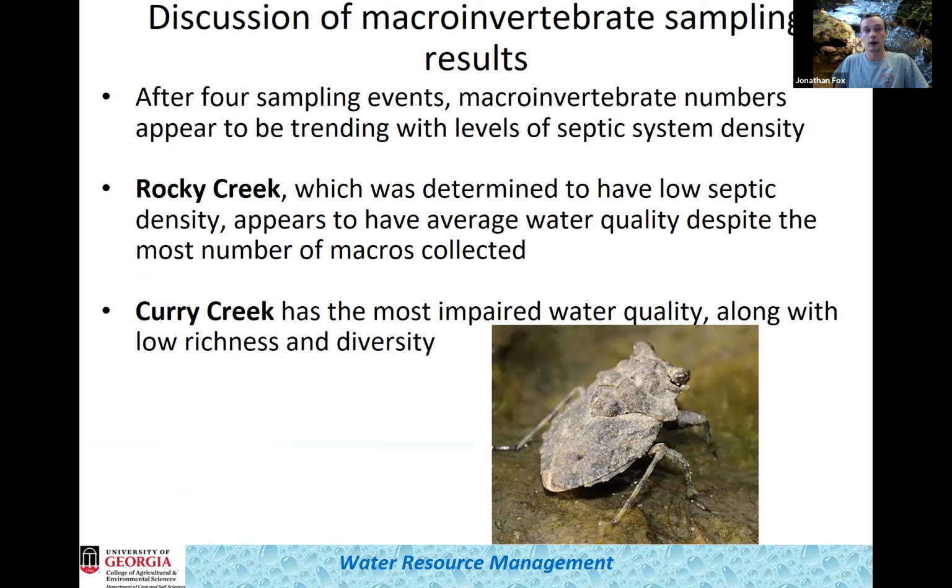The biggest ones, the healthiest looking ones would come out of that creek. So it really threw us for a loop that it would have middle of the pack water quality for such a healthy stream bug-wise. Curry Creek had the most impaired water quality, the one that flows through downtown Jefferson right through the sewer. It had low richness, low diversity, just all around bad numbers the whole time.